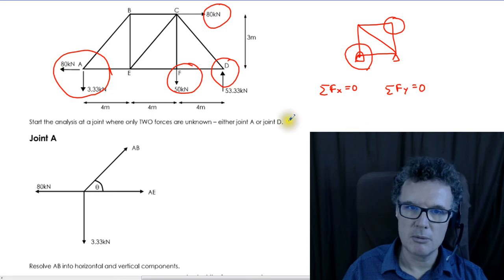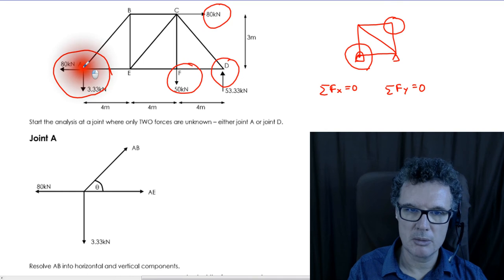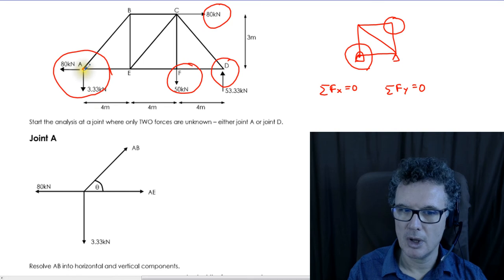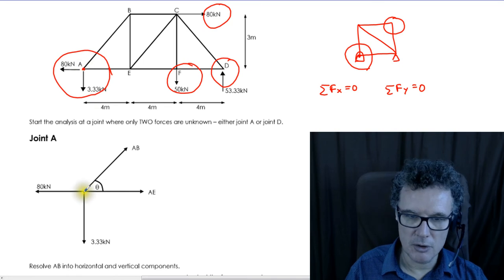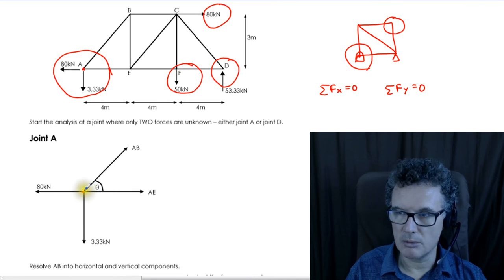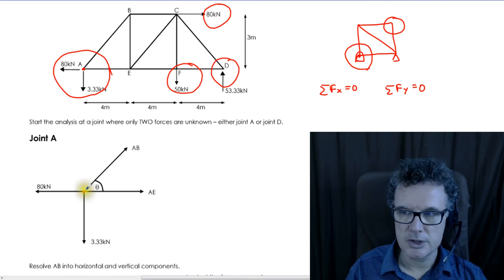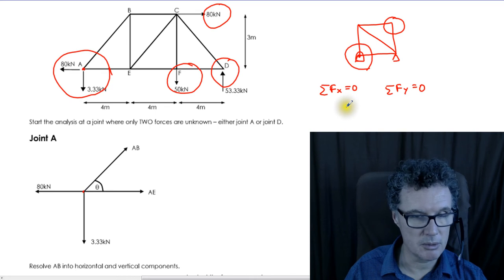Because we're going to create a free body diagram based on the forces that are acting at that joint, and because we've got no forces acting at a distance away from the joint, all the forces are going through that joint. We've got no turning moment, so we can't sum up our moments here. So that's our only 2 equations that we've got to play with.